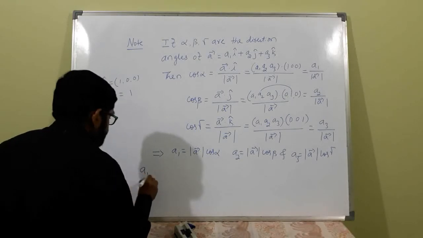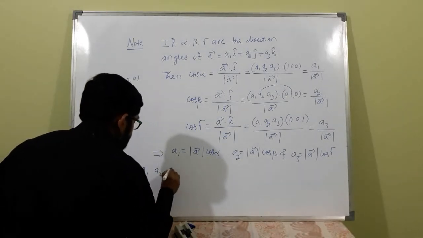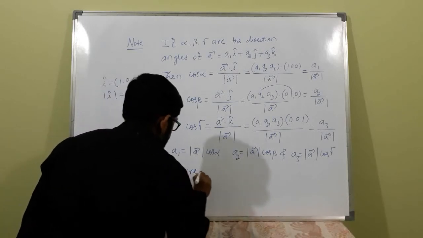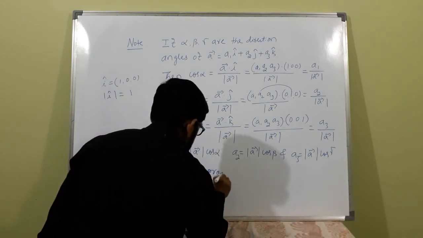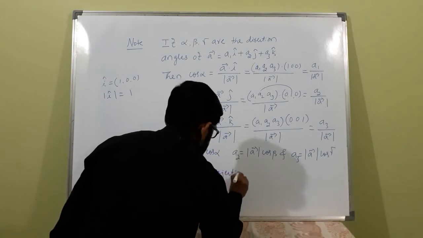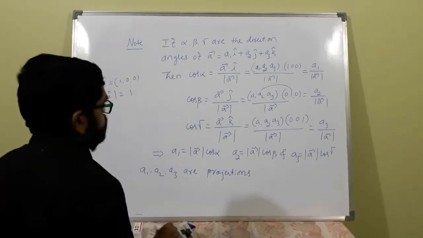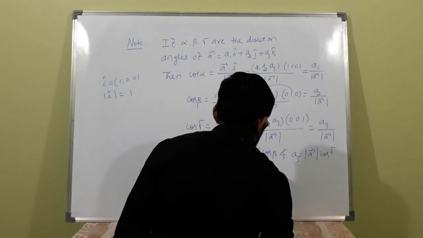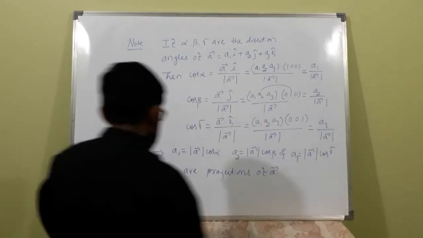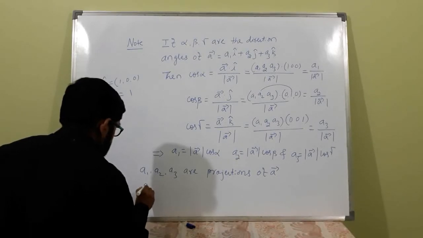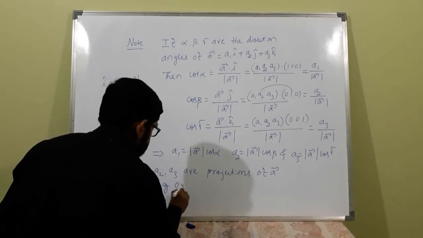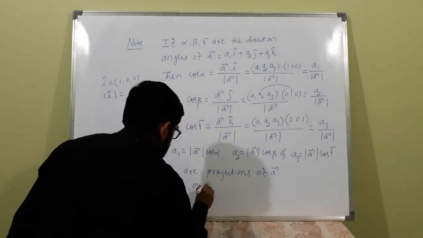A1, A2, A3 are the projections of A along the x-axis, or OX, OY and OZ.